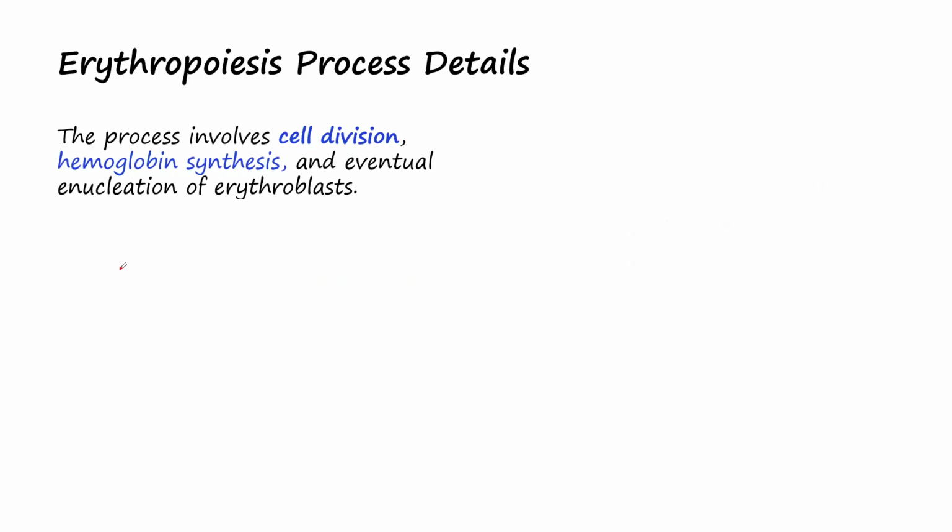So the next thing is the erythropoiesis process in detail. The process involves cell division, hemoglobin synthesis, and eventual enucleation of the erythroblast. The first thing that happens in erythropoiesis is cellular division, that is the division of the cell.